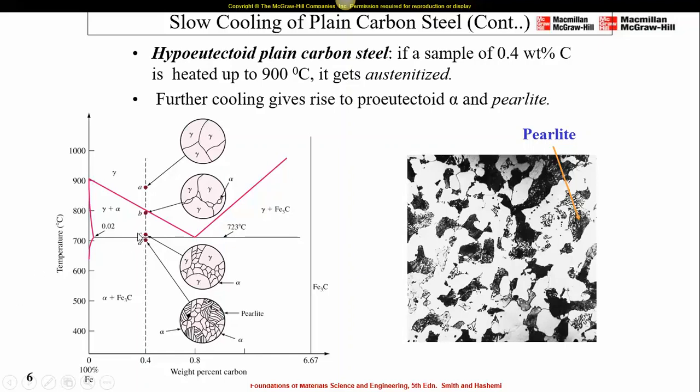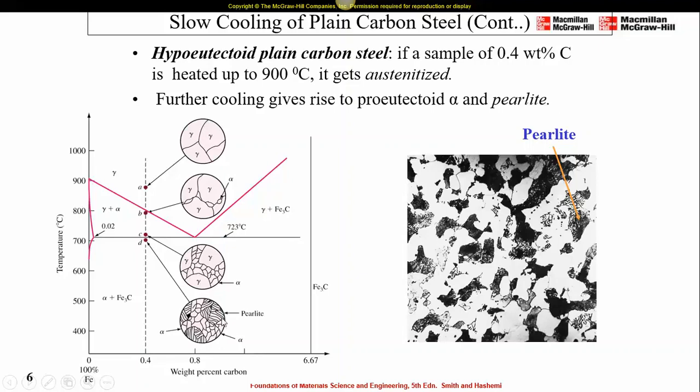Right above 723 degrees, alpha has a composition of 0.02 weight% carbon, whereas the gamma, the austenite, has a composition of 0.8 weight% carbon, the eutectoid composition. On further cooling to 723 degrees, gamma of the eutectoid composition is converted into pearlite.